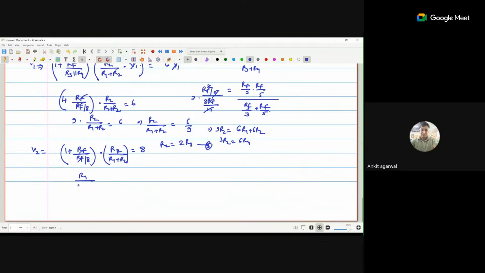So R1 upon R1 plus R2 is equal to 8 by 9. So these two are different. Yes, sir, R2 is equal to R1 by 8. This is a great question. Here we are getting R2 is equal to 2R1 and here we are getting R1 by 8.